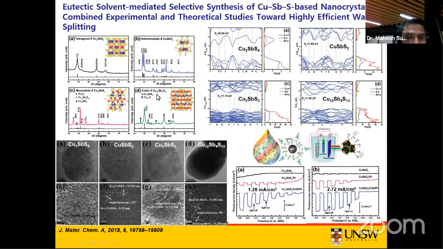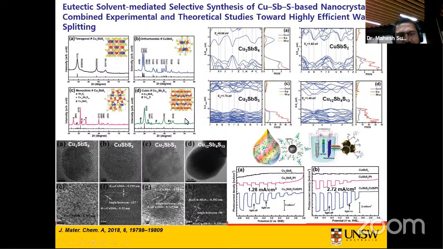And in the case of Cu12Sb4S13, it's a binary phase of copper sulfide and Cu3SbS4. We believe that because of the critical composition ratio of copper over antimony and sulfur, it is quite difficult to form the pure phase of these two compounds using the method and solvent that we propose in this study.